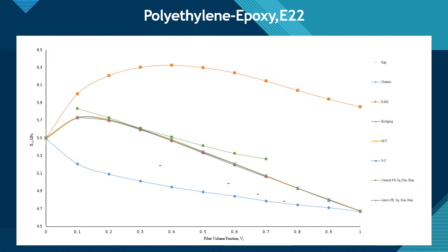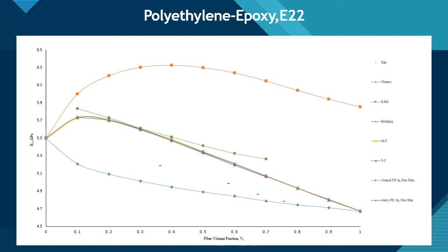So this is the graph for Young's modulus in the transverse direction. We have ANSYS results here, the red crosses, as you can see, and we have experimental results. Even though it looks like the results are a bit far from each other, actually it is not, because if we look at the scale here, these results are not far from each other.